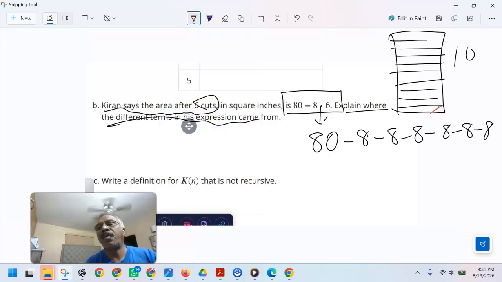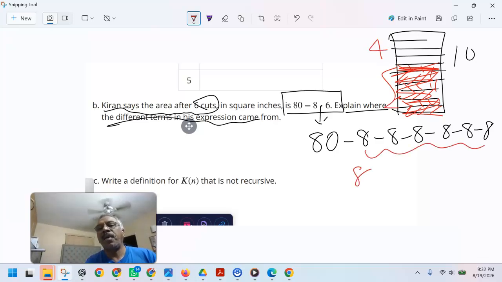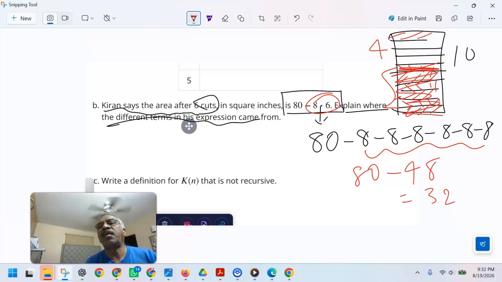So you cut off 1, then 2, then 3, then 4, then 5, cut 6. So this is gone. See? So only 4 are left. Of course, 8 times 6 is 48, and if you do this little calculation, you get 32. And that also is correct. This is 8 plus 8 plus 8 plus 8, 32, right? So I hope that makes sense.